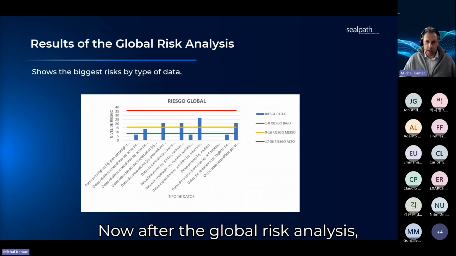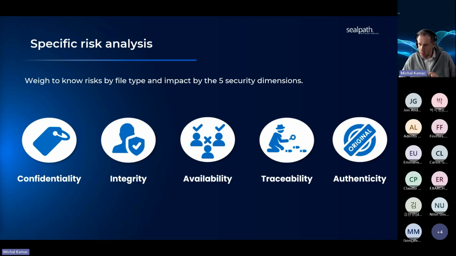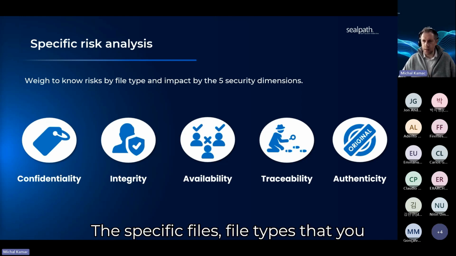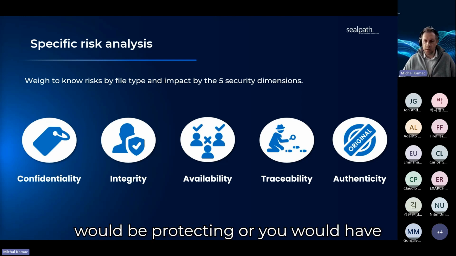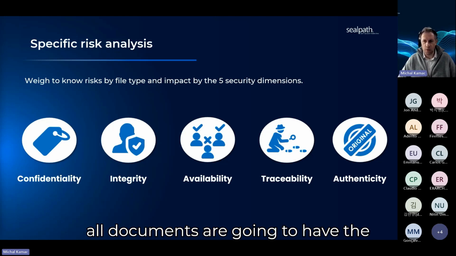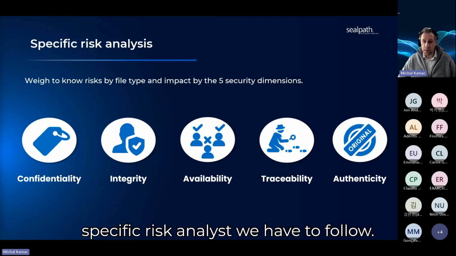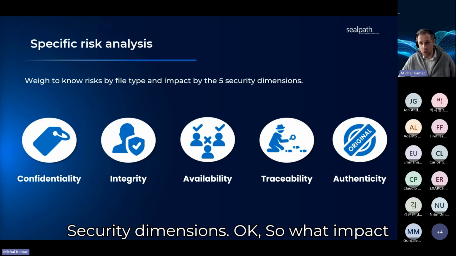Now, after the global risk analysis, we jump to the specific risk analysis. So you can focus on specific documents, specific files, file types that you would be protecting or would have to take into consideration. Obviously, not all documents are going to have the same level of confidentiality. For the specific risk analysis, we have to follow security dimensions.